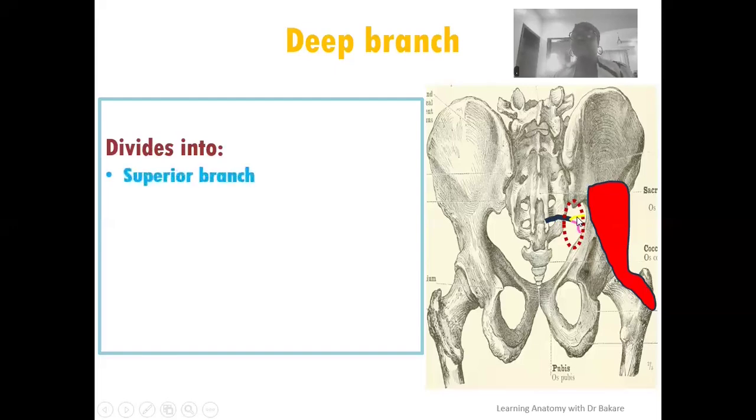This deep branch is further subdivided into a superior branch. This is the superior branch here highlighted in blue. The superior branch, just as the name implies, is directed superiorly. So you see it tailing towards the superior region of the gluteal region. And we have an inferior branch that is directed inferiorly, and this is what is highlighted here in purple. So you see that the deep branch is further subdivided into a superior branch and an inferior branch.